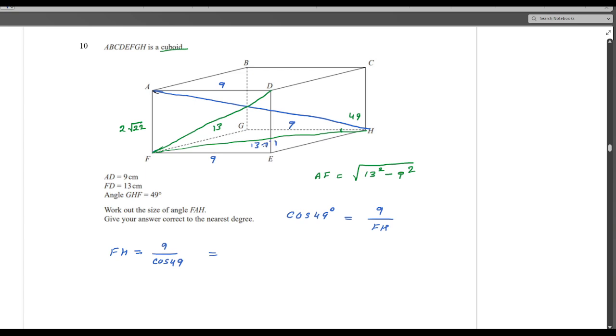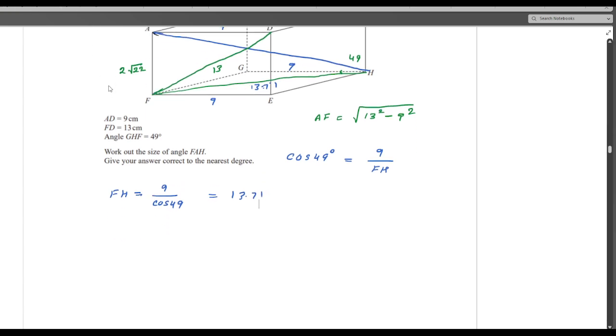Now I know in triangle AFH, if I simply draw it here, this is F, this is H, here we have point A. In this triangle, I know this FH length, which is 13.71. I know this AF length, which is 2 root 22.